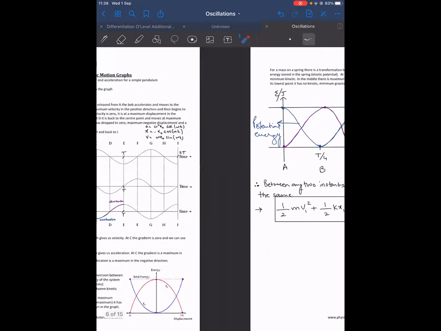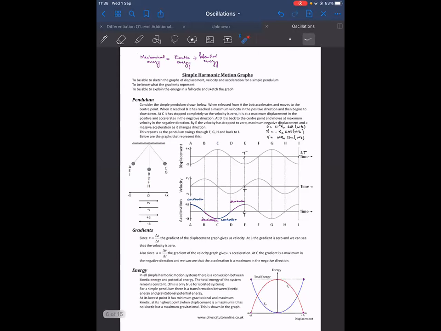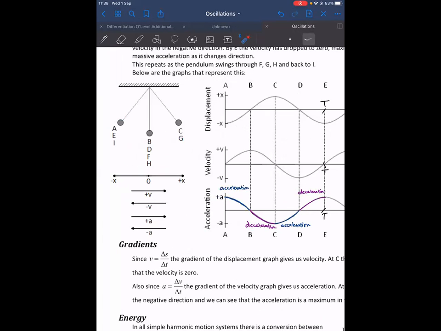And at B, you're going to be the instant when you are at B, that's going to be 1/4 of the time period. When you have moved from A to B, that's within 1/4 of the time period. And from B to C, then again 1/4 of the time period, and C to B, then again 1/4 of the time period, and then B to A 1/4 of the time period.